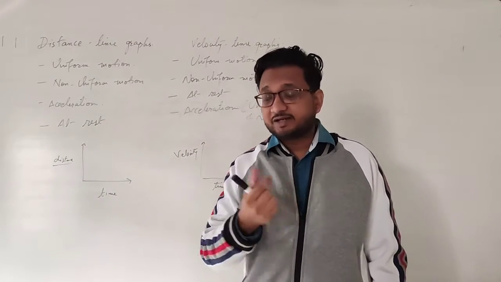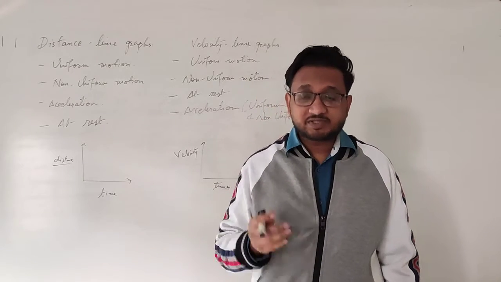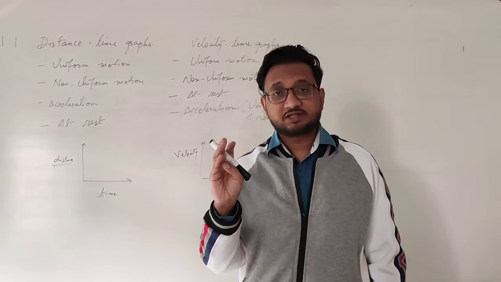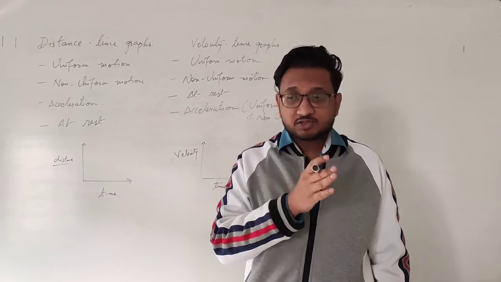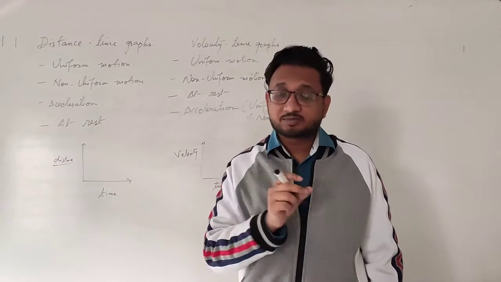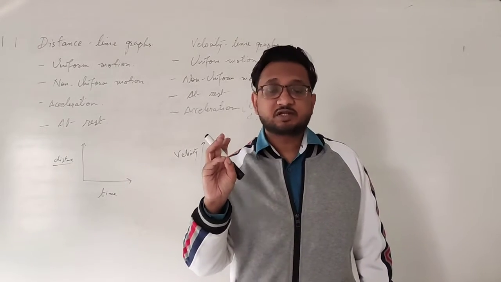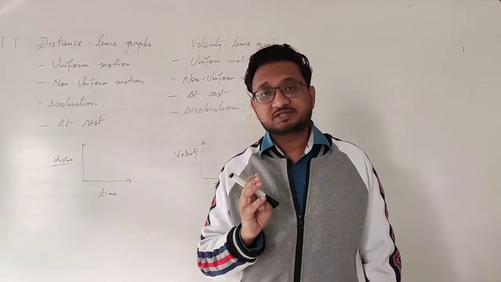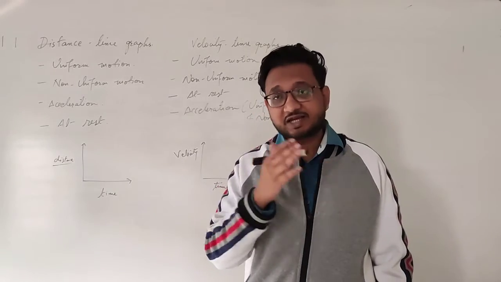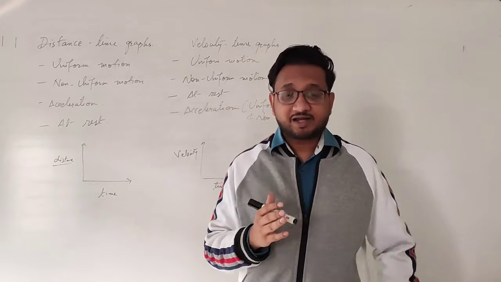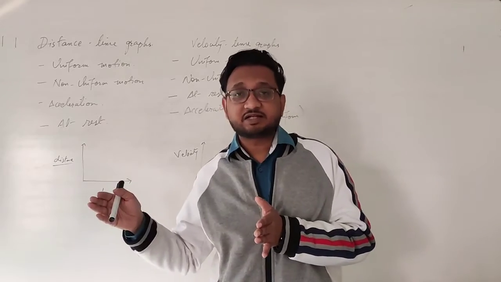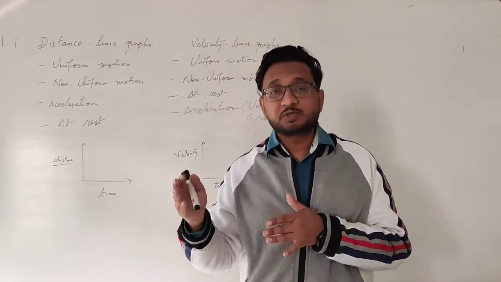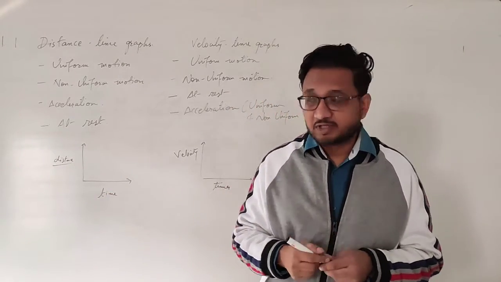If I increase the time progressively, 1 second, 2 seconds, 3 seconds, 4 seconds, the object's distance will be 2 meters, 4 meters, 6 meters, 8 meters, 10 meters, and so on. For every 1 second increase in time, the distance covered is 2 meters. That is just an example.